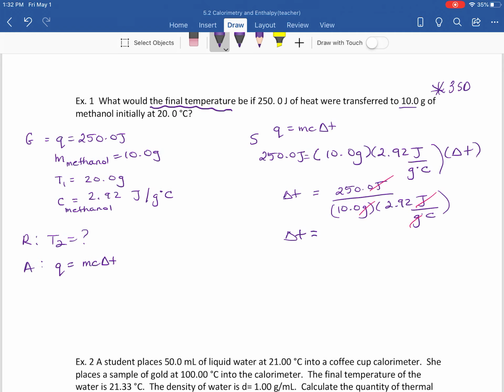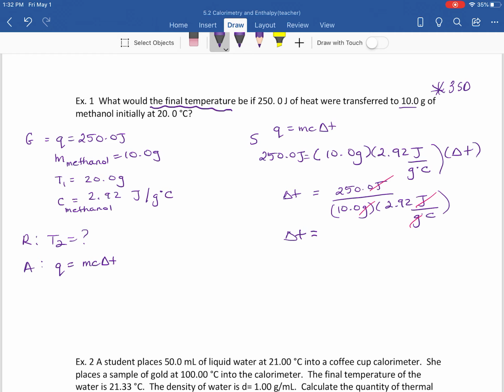So, through the magic of me already having the answer solved, I will give you the delta T. Hold the phone. Let me just do it on my calculator because I don't have it done.